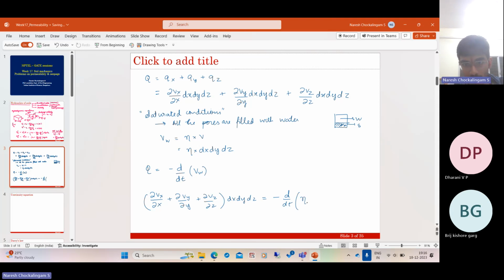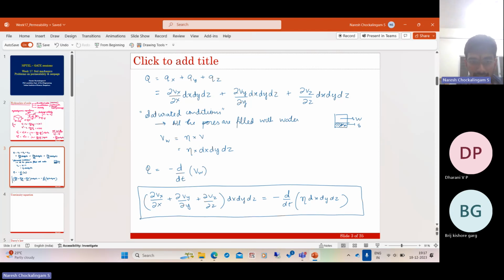What is VW? It is porosity into dx dy dz. So this is what is called the continuity equation. This forms the basis for all problems, whether it is seepage or consolidation. Basically, it is the law of conservation of mass, the continuity equation.